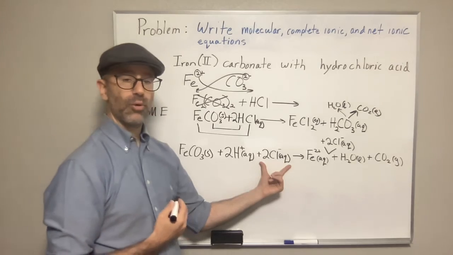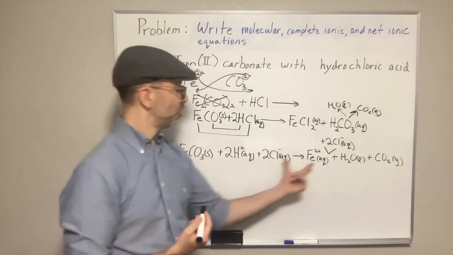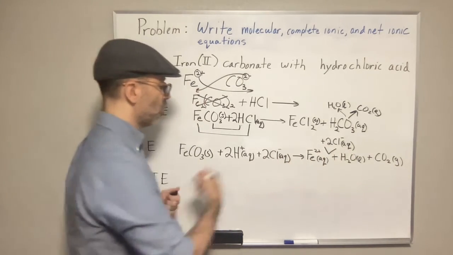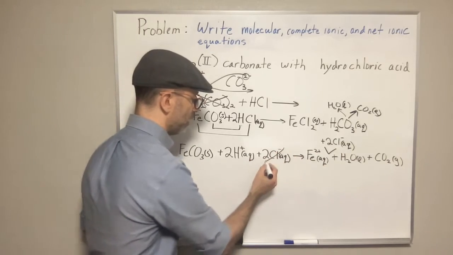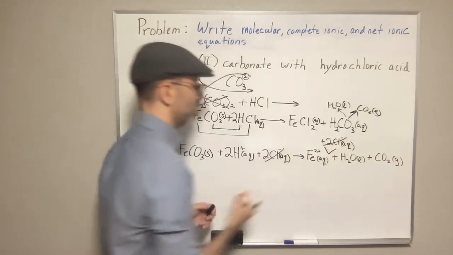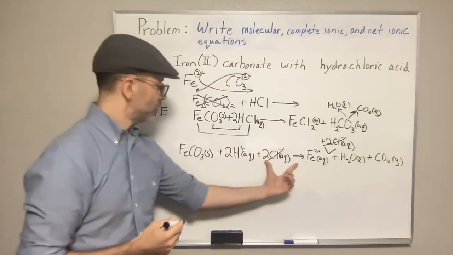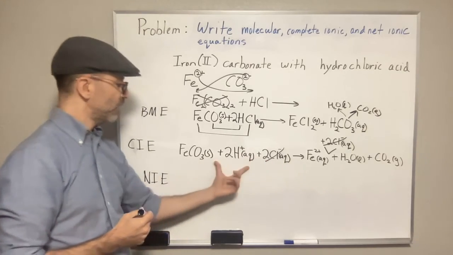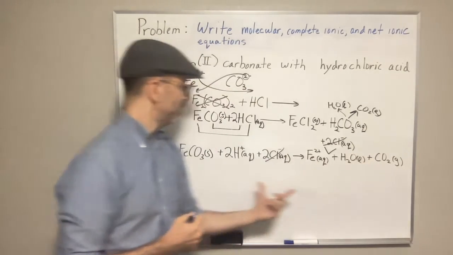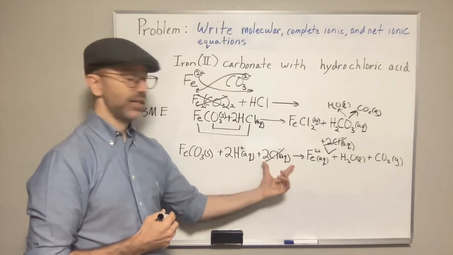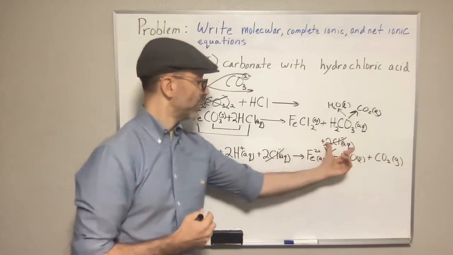So that stays the same. There's no change from here to here, so that is a spectator ion, and we can get rid of that. All of the rest is involved in the reaction, so the only spectator ion is our chloride ions. So we get rid of those.